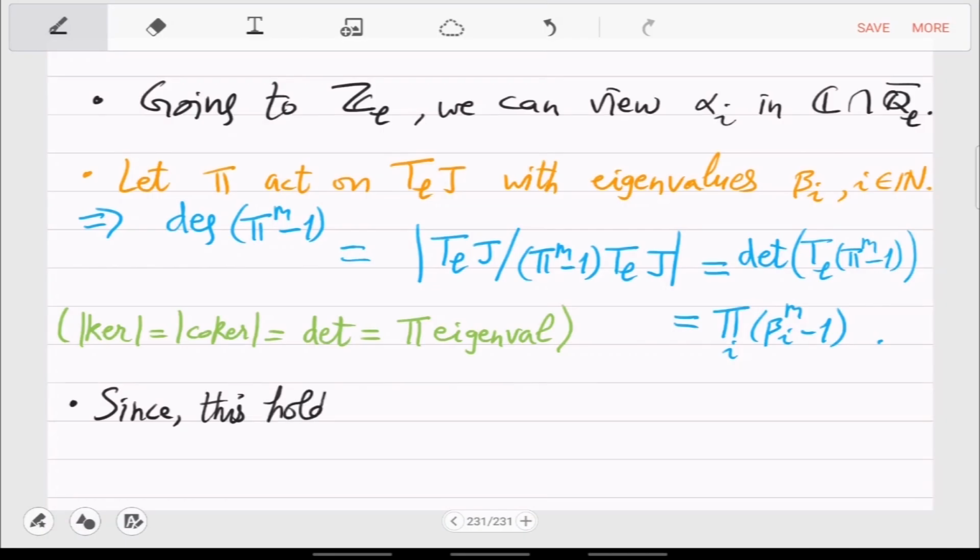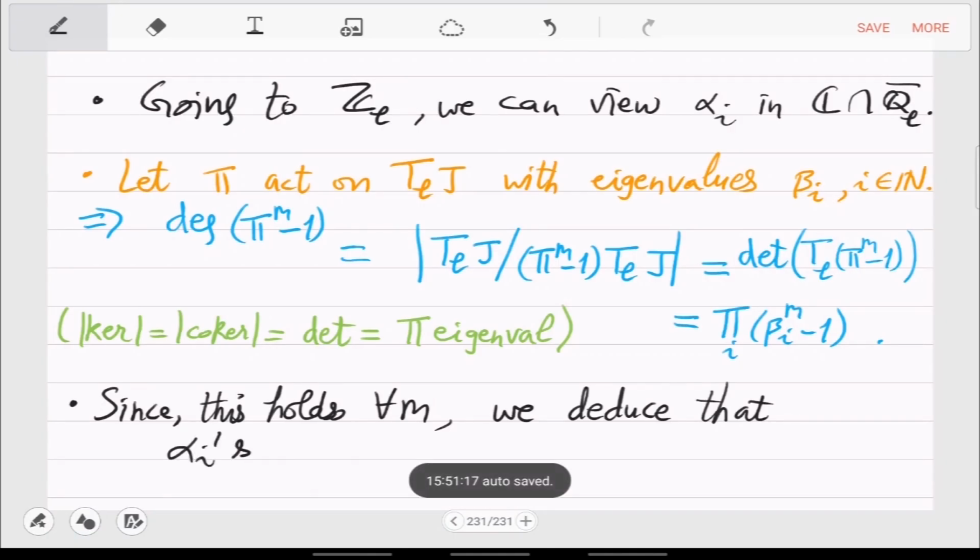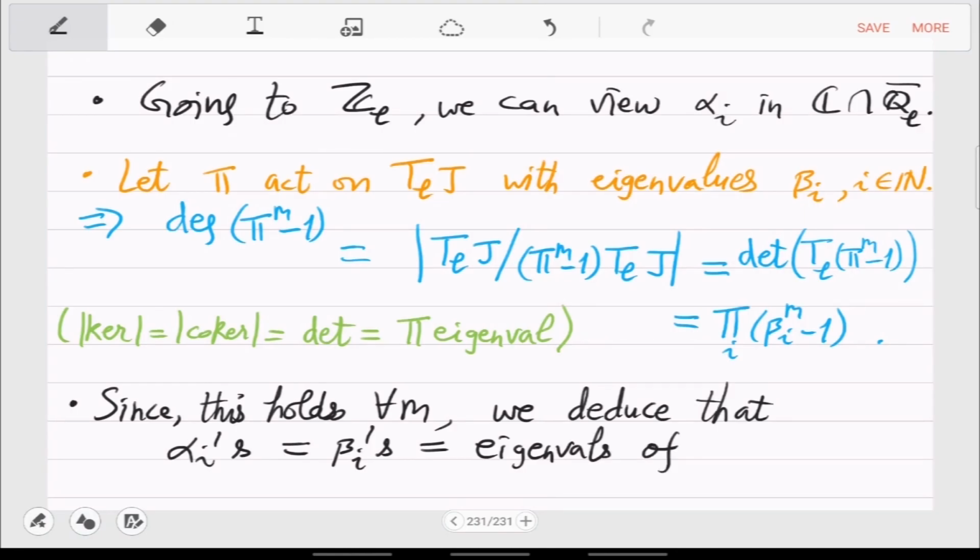Since this holds for all m, we deduce that alpha_i's equal beta_i's, which are the eigenvalues of T_L pi.